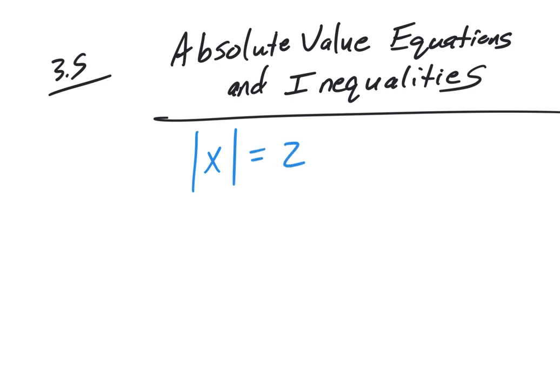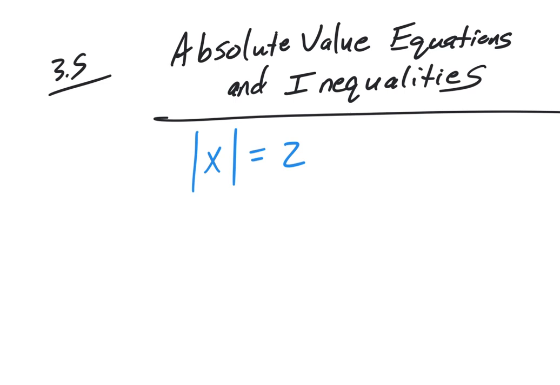And if we were to do a real basic one, absolute value of x equals 2, then when we talk about the definition of absolute value, you may remember it: distance away from zero. So really all we're asking ourselves here is what numbers are 2 units away from 0?